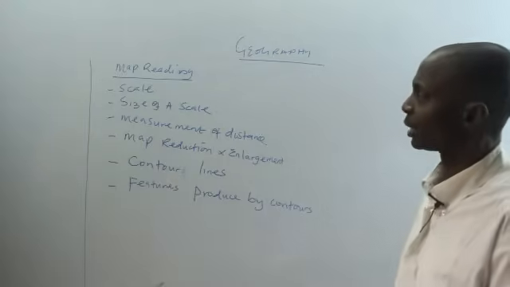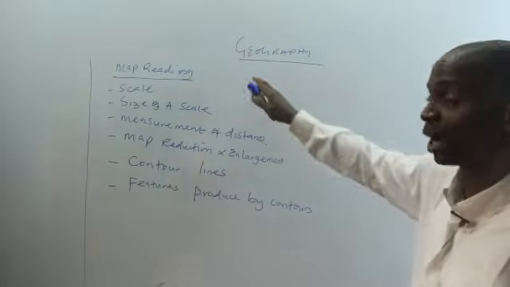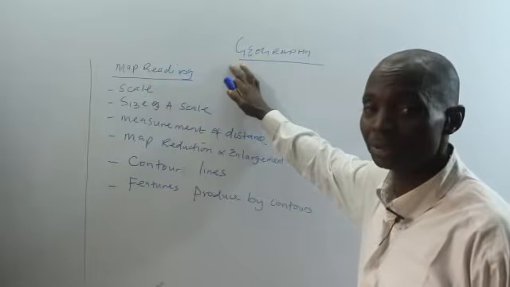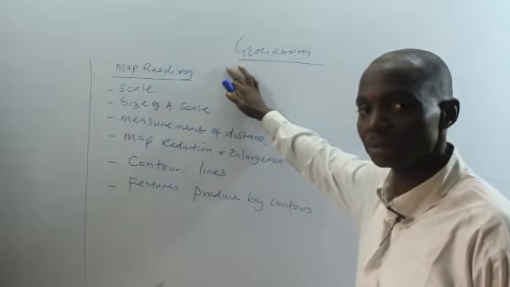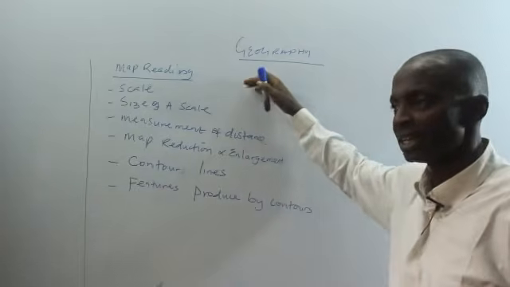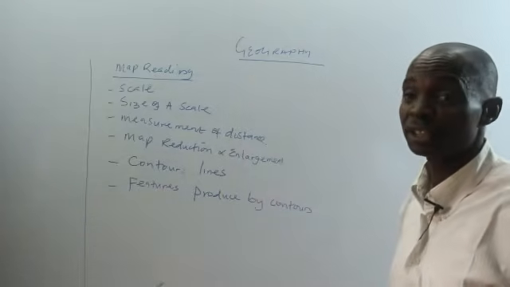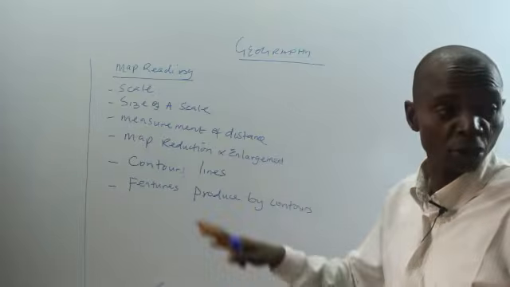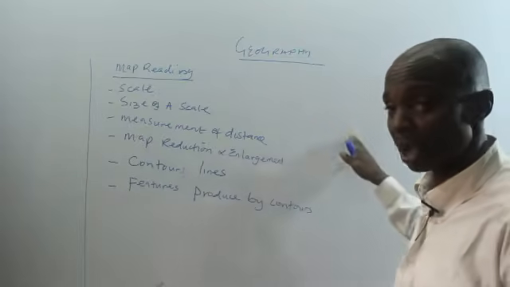In our previous class, we made an attempt to define what a map is, and also to look at types of maps. We said that a map is a representation of features. The representation of features on what? On paper.